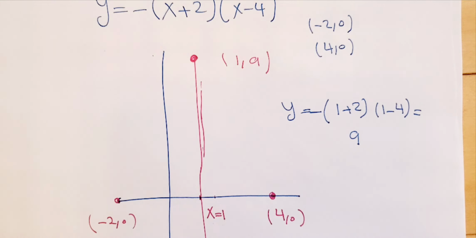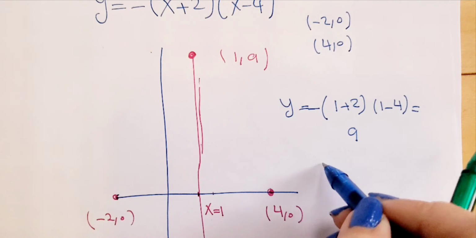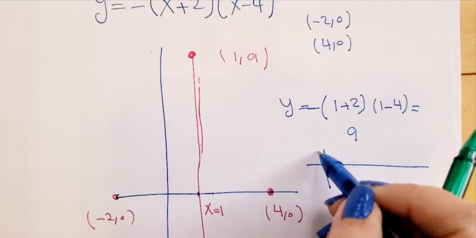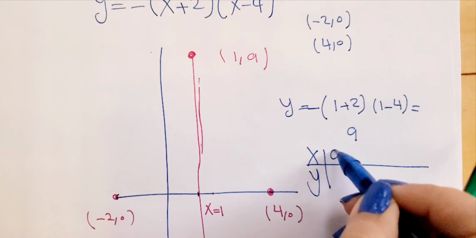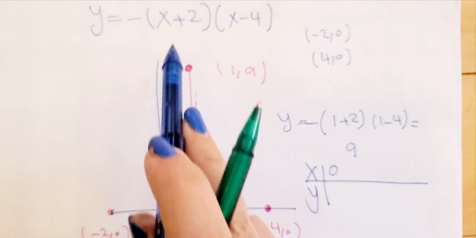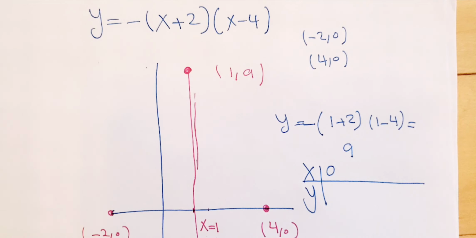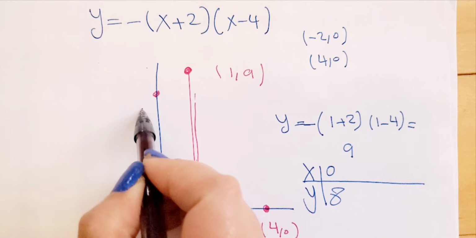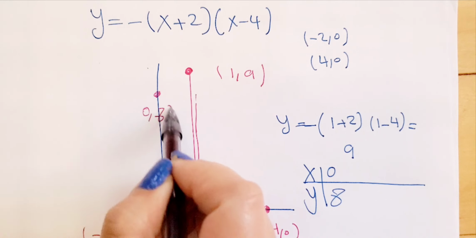So it would be easy to find one value: I give x as 0 and substitute it here. So the final value would be plus 4. Okay, so I know another point would be at 0 and plus 4, somewhere around here. Okay, 0 and plus 4.